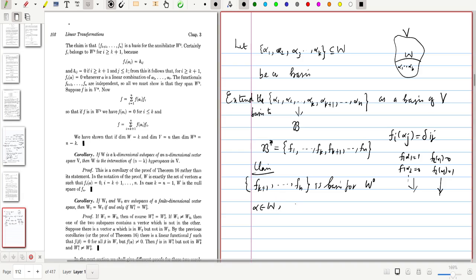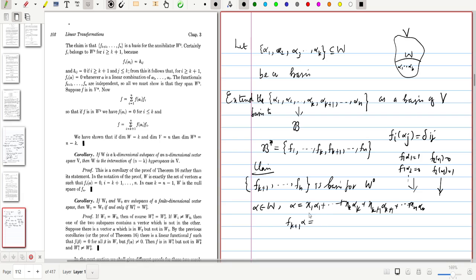Then alpha can be written as x1 alpha 1 plus etc., xk alpha k plus xk plus 1 alpha k plus 1 plus etc., xn alpha n, since this is an element of V. Now evaluate fk plus 1 of alpha.